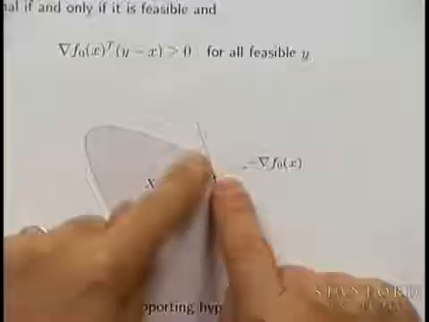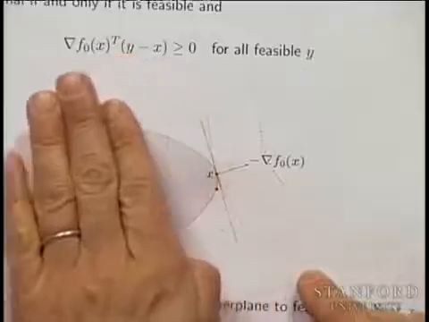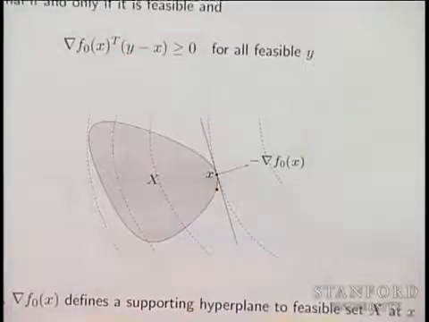So what this says is all feasible points live within this half space, where the objective is worse than or equal to the value there. Well, guess what? That means that point is globally optimal.